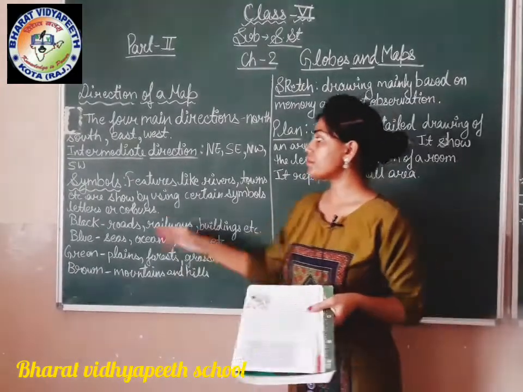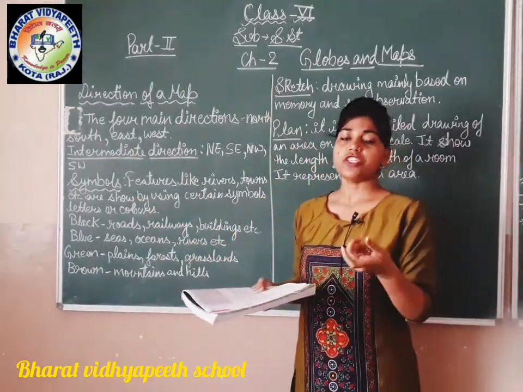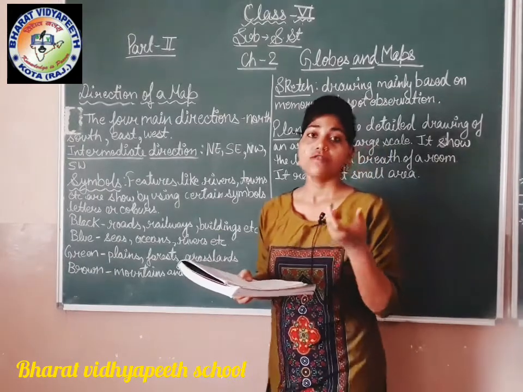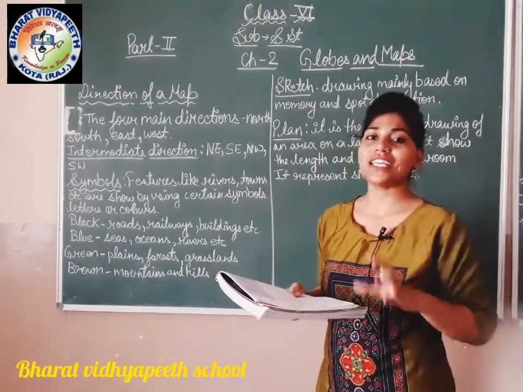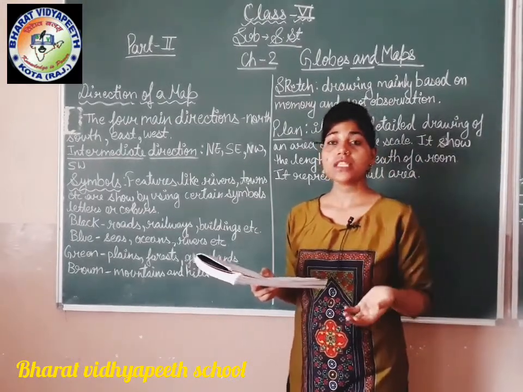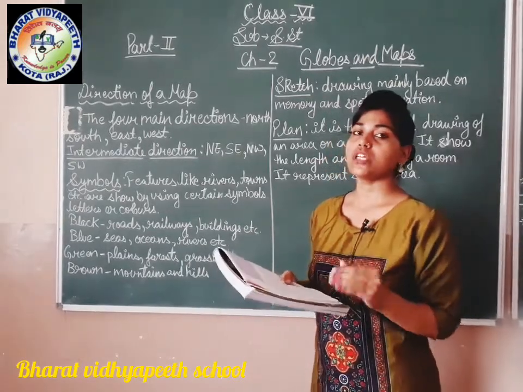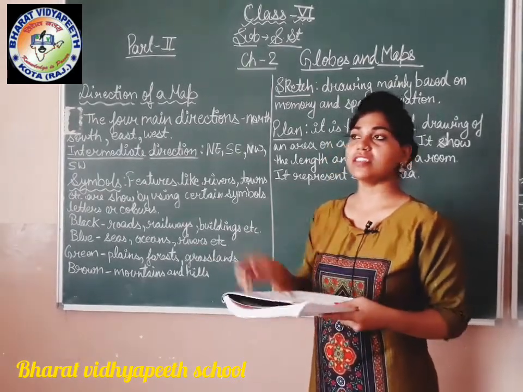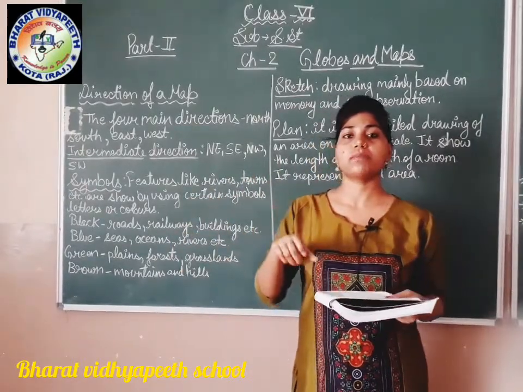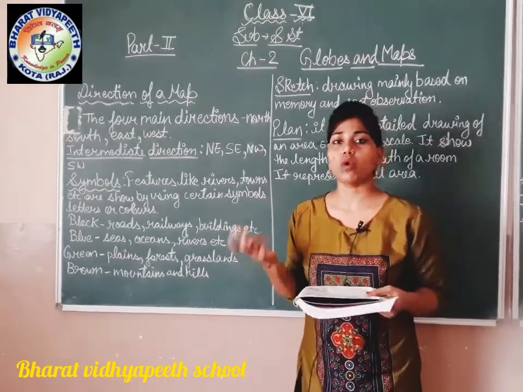After that there are symbols. What are symbols? Symbols are mainly colors, features and some types of stickers or points which are used to show areas like roads, valleys, mountains, seas. To represent these things on a map we use symbols, so that people can easily understand that this symbol represents this thing, like green color represents the land area and blue color represents the water area.